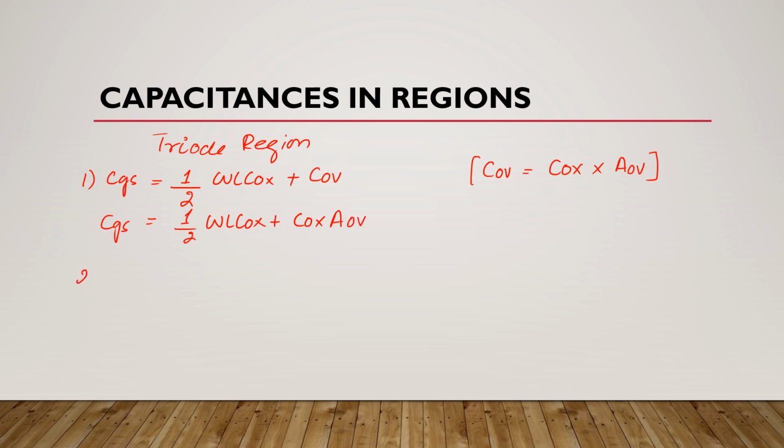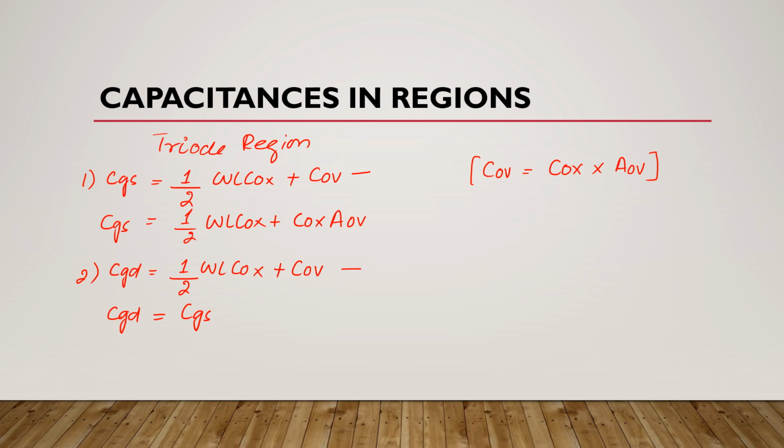Now here the formula of gate to drain capacitance in triode region is this. As you can see, this formula is same as this formula of gate to source capacitance. It means here gate to drain capacitance is equal to gate to source capacitance. Okay.